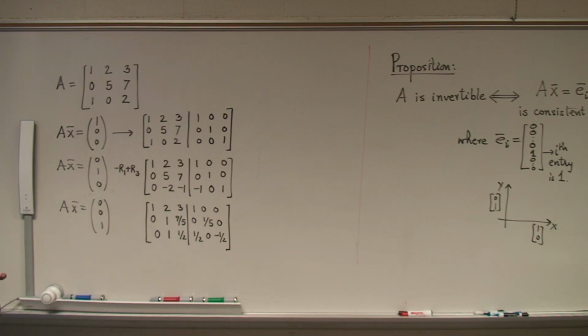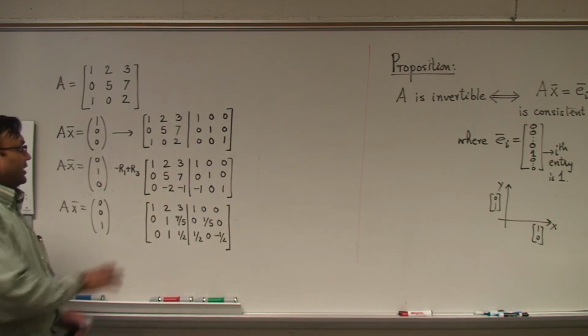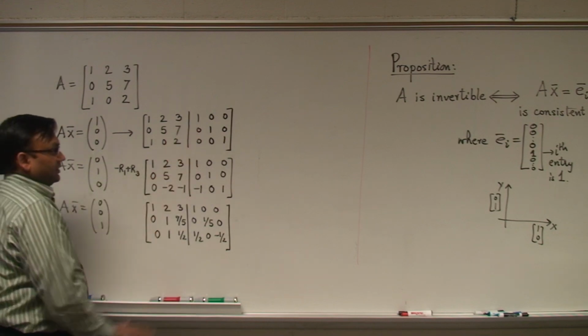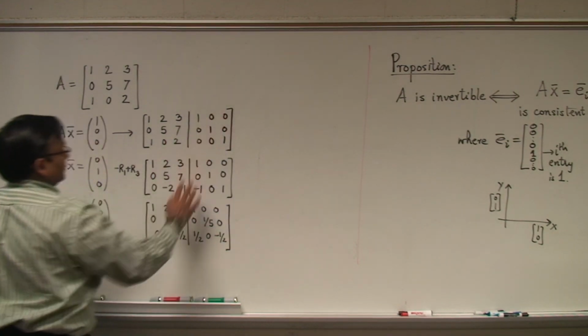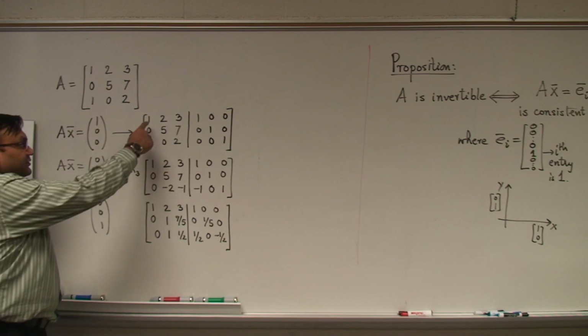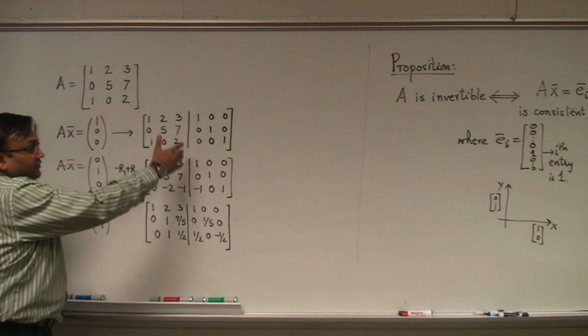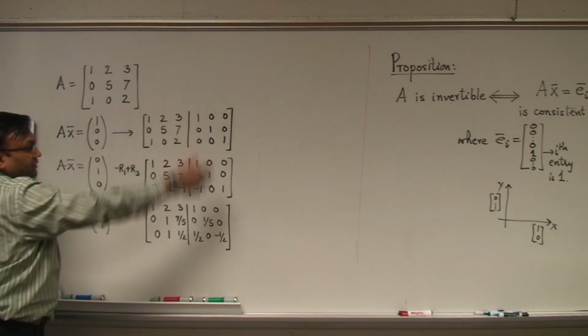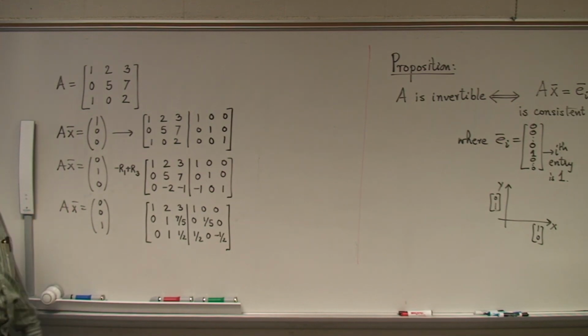Even before we proceed, remember our only aim is to figure out whether these three systems will be consistent or not. Let us recall one fact. If you look at a system, let us hide these two for a while. If you look at this system, what thing will ensure that I will have a consistent system? Well, if I have pivots in every row over here, or in other sense, if no pivot goes on the right hand side of this bar, then would you agree that the system will be consistent?